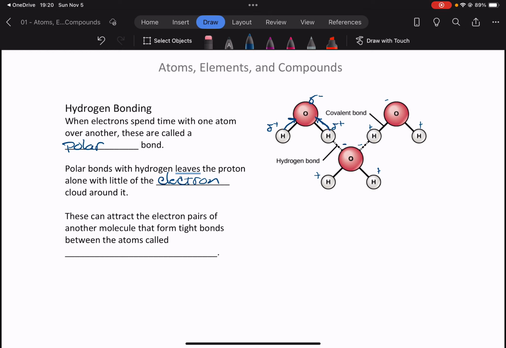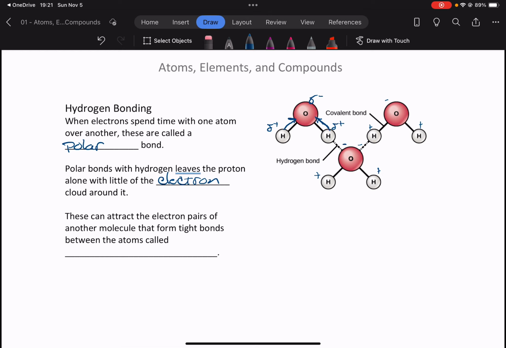And so what happens is that water attracts another water, like I've got up here, and they form tight bonds, okay? And they're very tight. For other compounds that are about the same size as water, water has a molecular weight of 18. Another compound that's really close to that is methane.